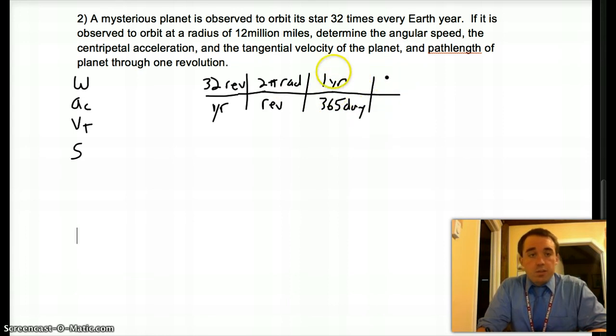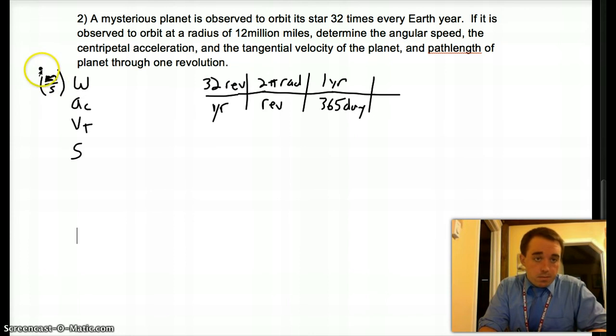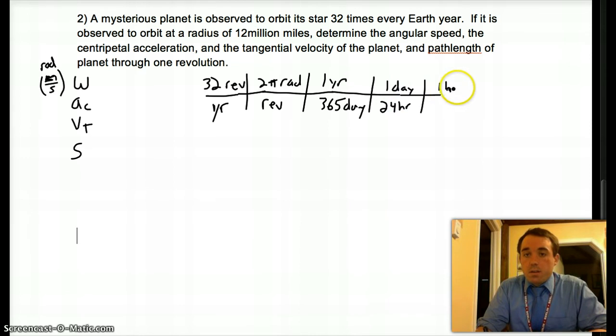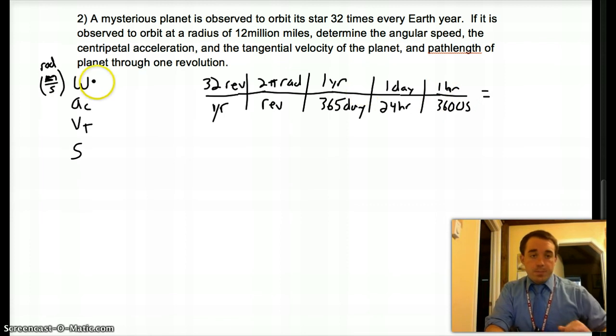And I gotta try to get this in meters per second because that's the units, just to remind you. Sorry, radians per second. 365 days. 1 day has 24 hours, and 1 hour has 3,600 seconds.